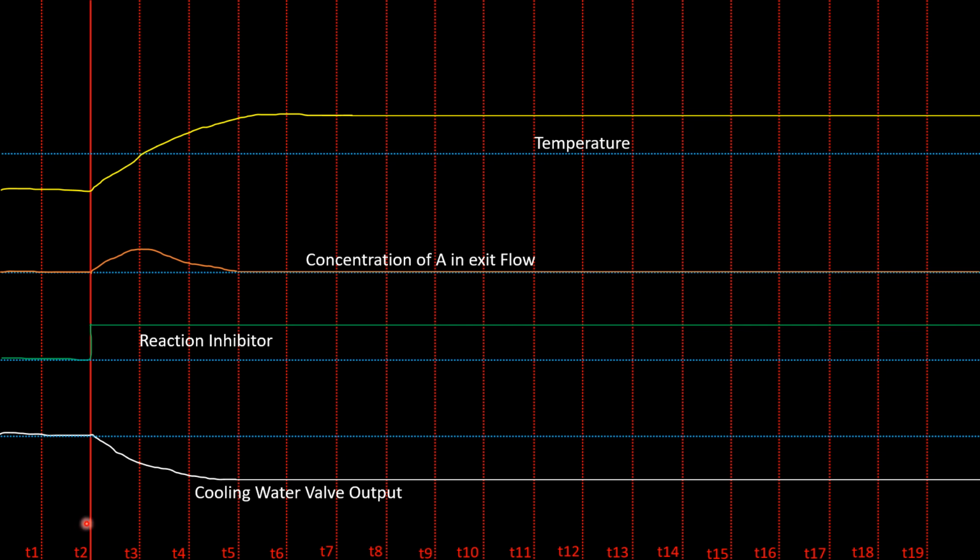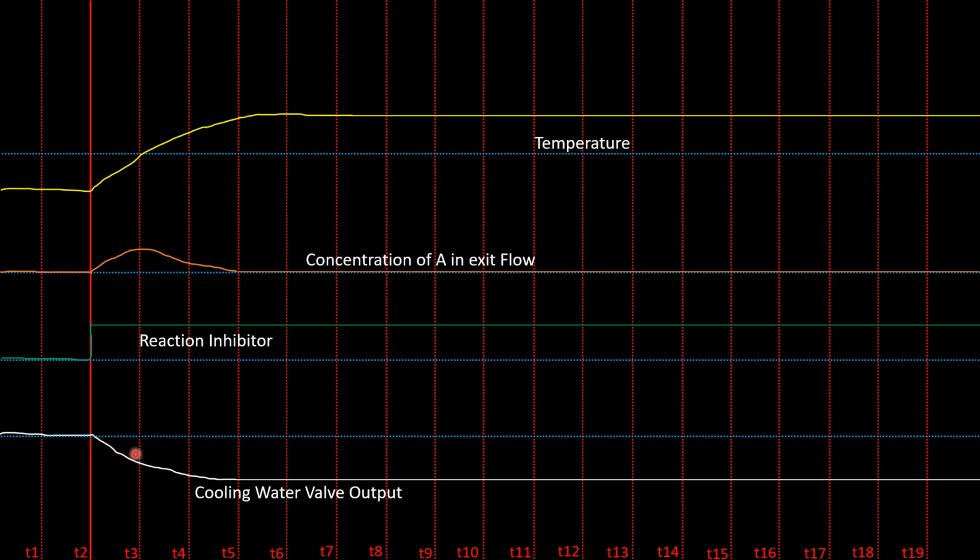So suppose at T2 we have a step increase in reaction inhibitor. We know that this will increase the concentration of A, and since there's going to be an error between concentration of A and our set point, we know we're going to want to decrease the amount of cooling water so that our concentration of A goes back to set point.